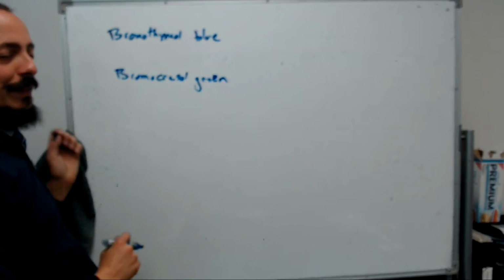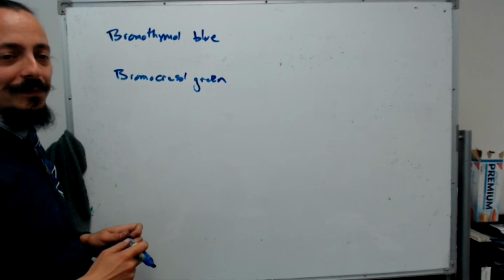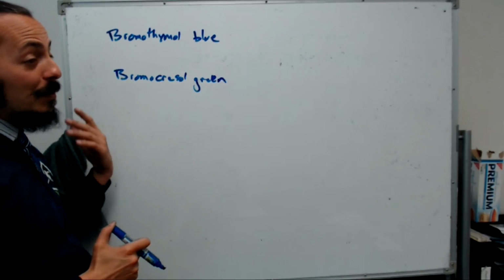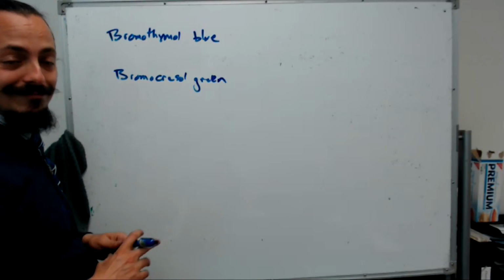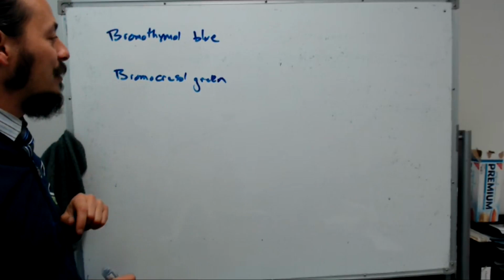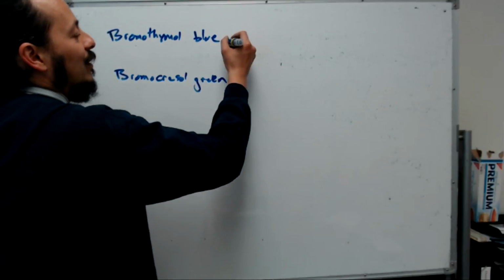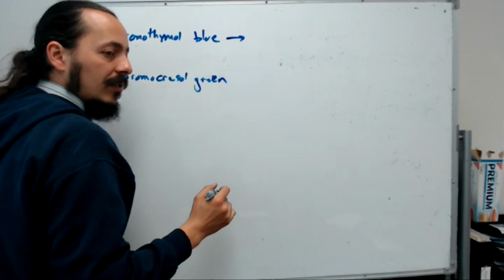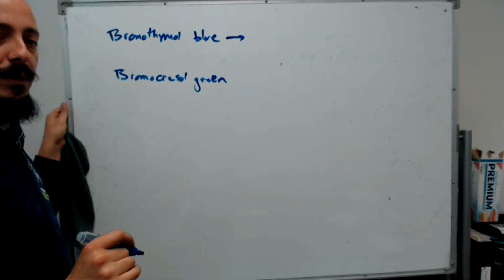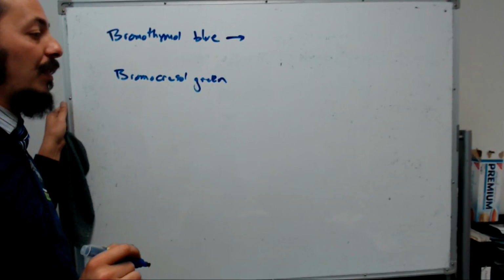I almost spelled green with an L. I don't know why I did that. I spelled bromocresol right and then almost messed up green. Chemistry problems, right? Okay, so what is the indicator's equilibrium constant for bromothymol blue?